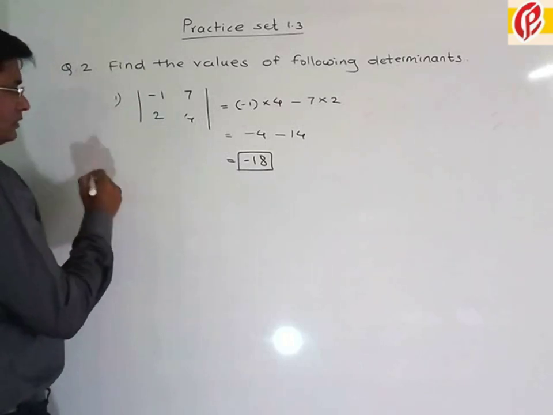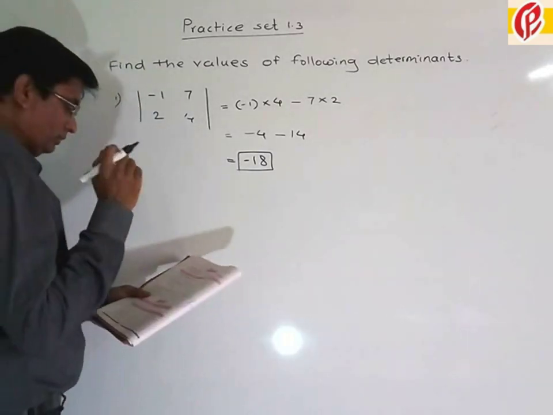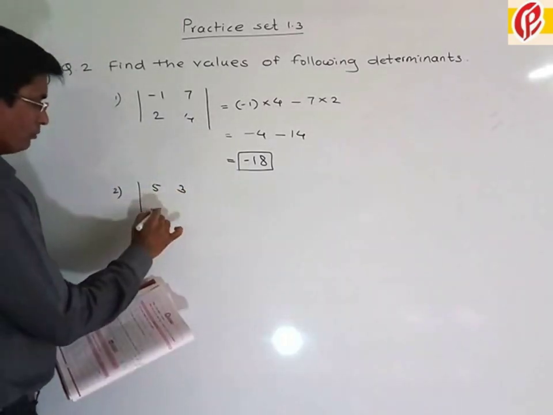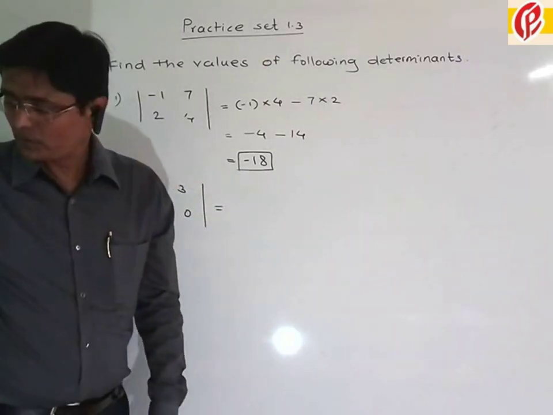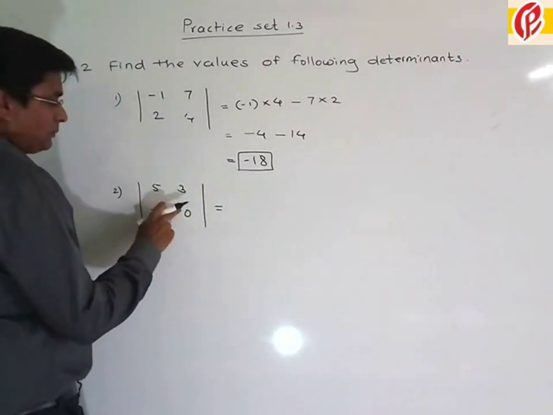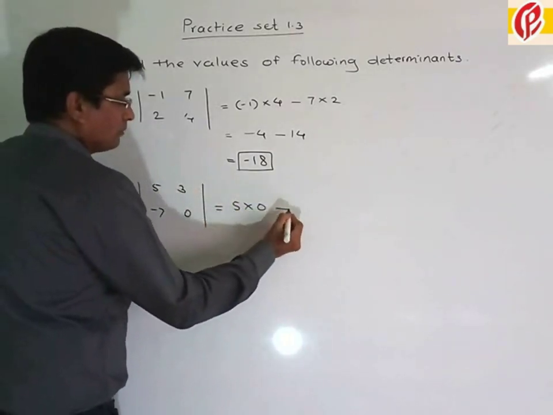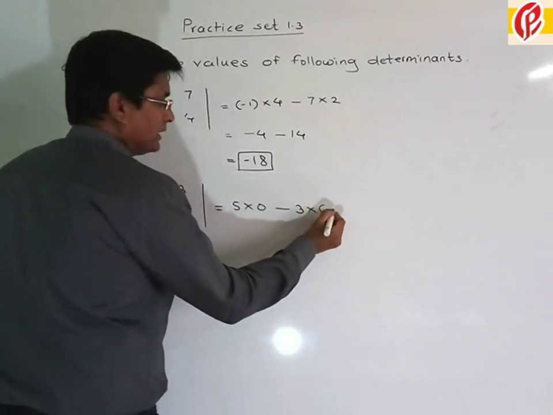Second is -5, 3, -7 and 0. So the first multiplication is -5 into 0. Then 3 into -7.